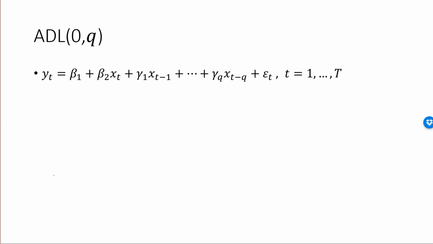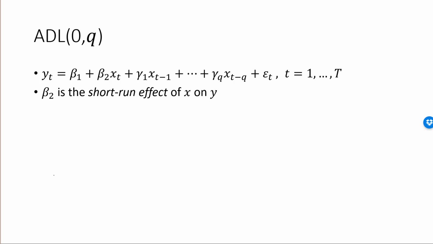This is the model for ADL 0, Q. The first one is 0 because I have no lagged dependent variables, only lagged X variables. The short run effect is the beta 2. That's the derivative of expected value of yt conditionally on all the X variables with respect to xt.